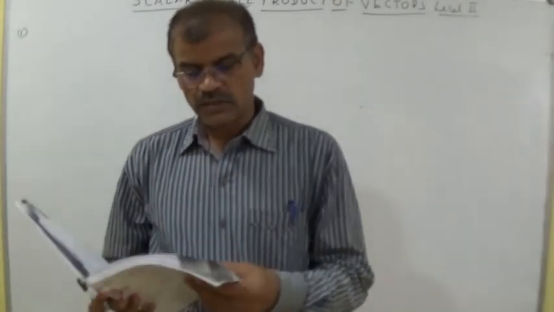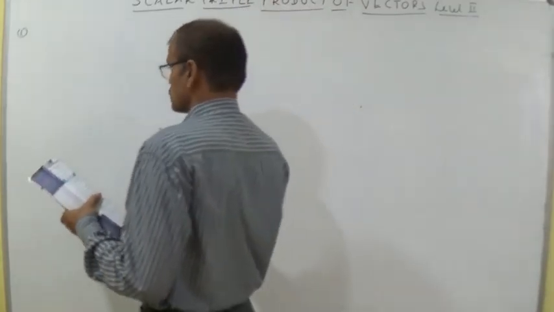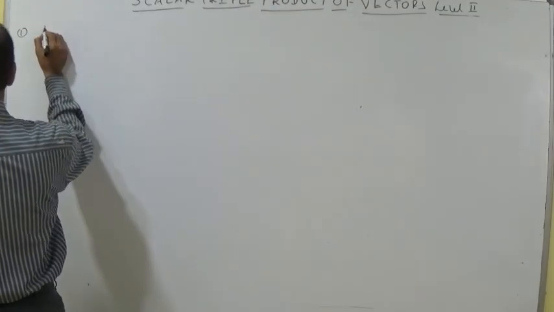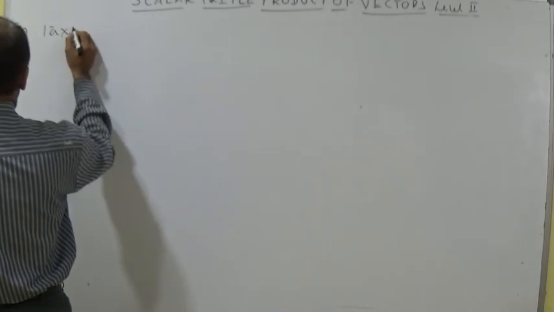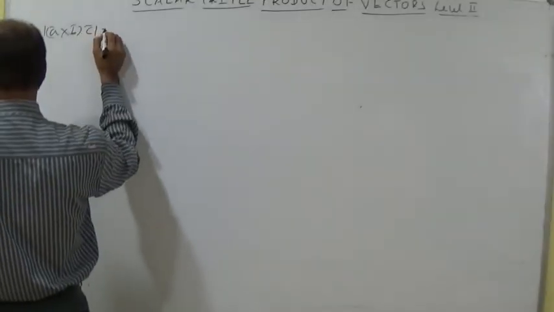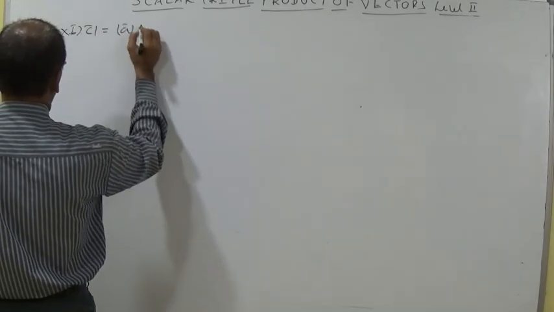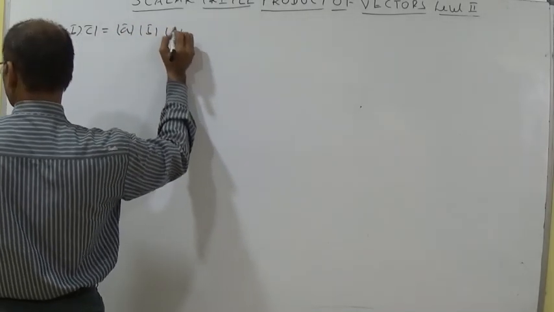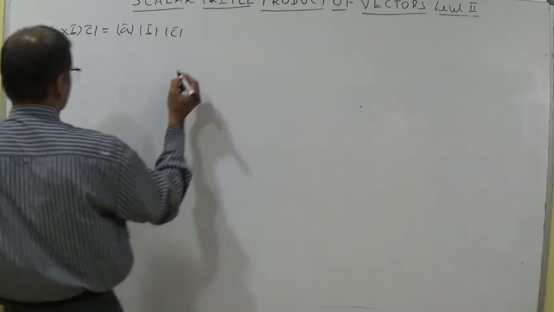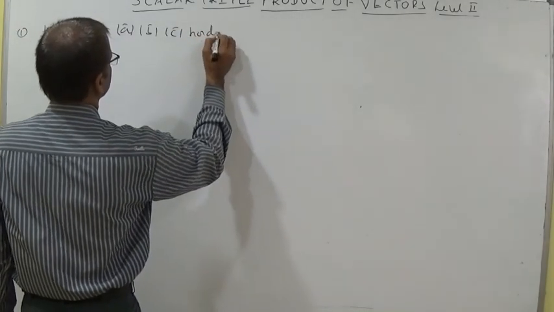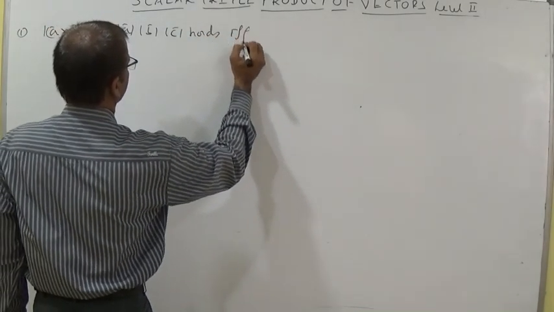For any 3 non-zero vectors A, B, C given, yesterday I said the concept: modulus of (A cross B) dot C is equal to mod A into mod B into mod C holds if and only if this is satisfied.